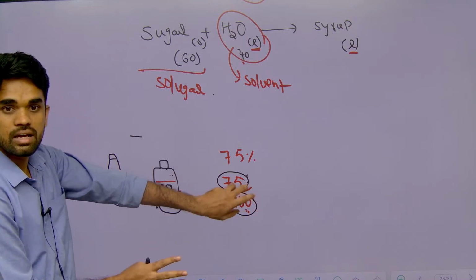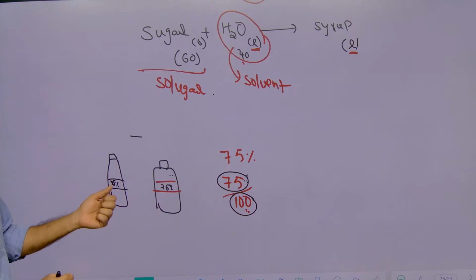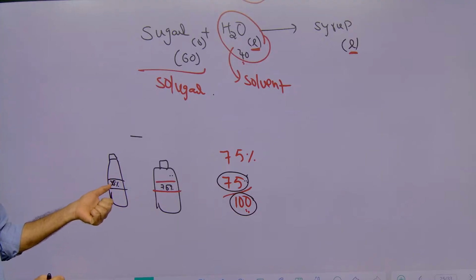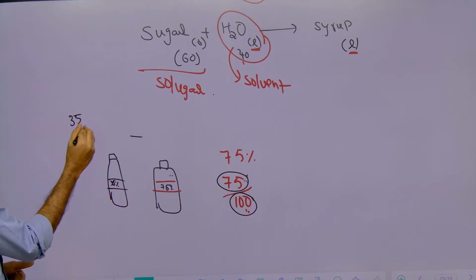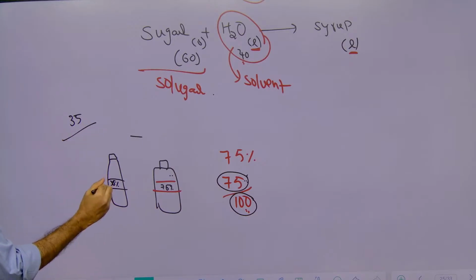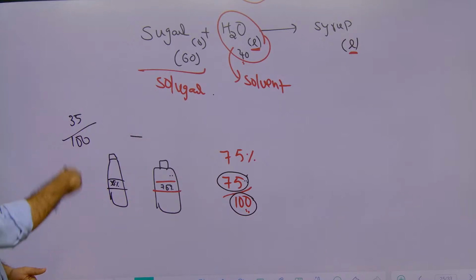Together it acts as a sanitizer. But in an alcoholic bottle, normally a whiskey bottle, it is only 35%. So 35% means 35 ml of alcohol for every 100 ml of the solution. Is this clear or not?